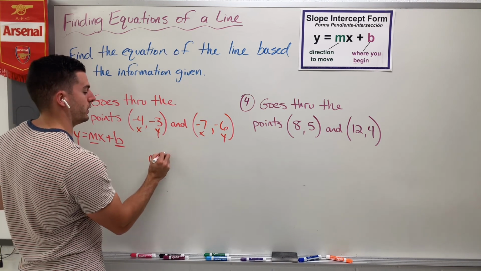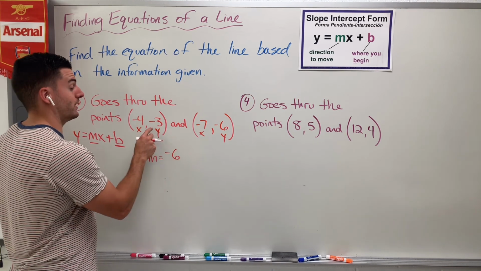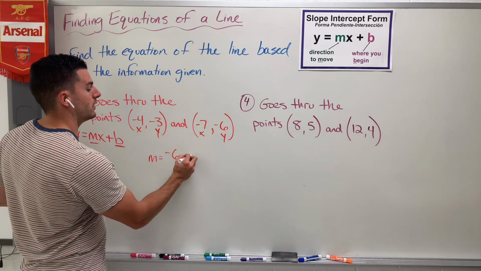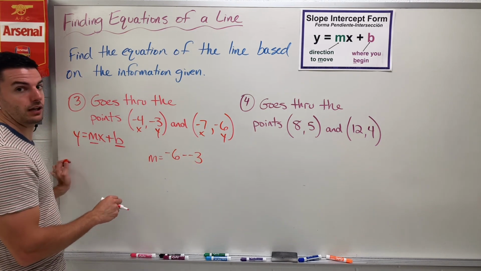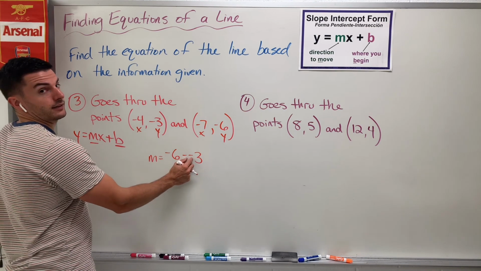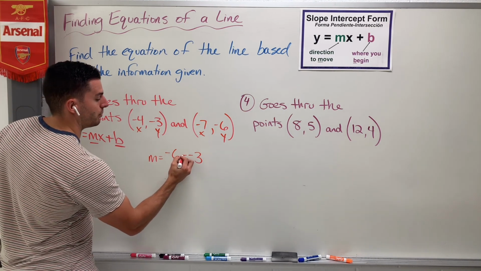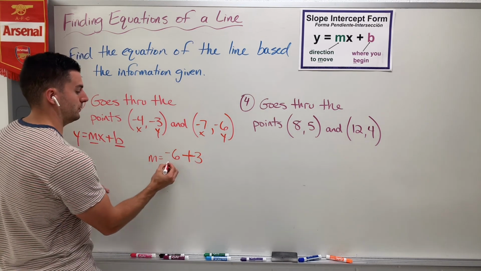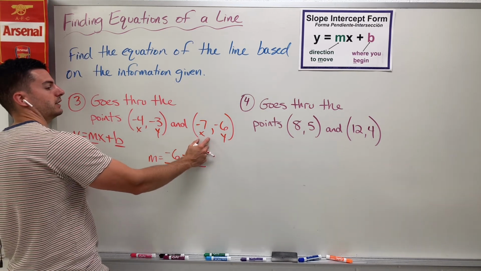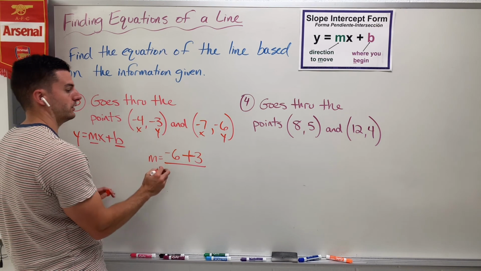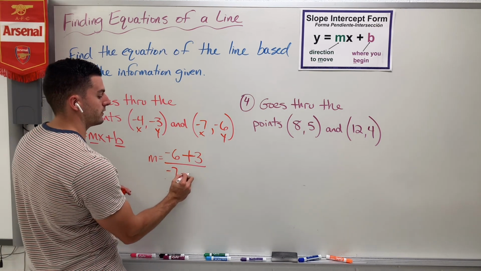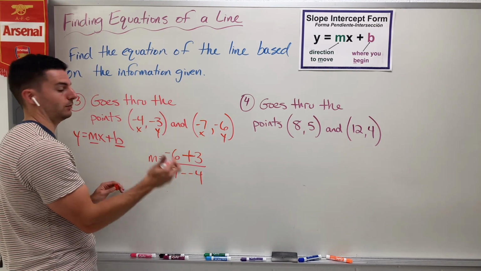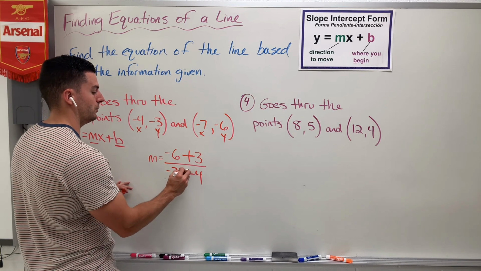Remember that it's always subtracting, but when it's a negative value, it's minus that negative value. And what do I do with a minus negative? Well, I can just change that to a plus, because subtracting a negative is a positive. And then on bottom, second x value minus first x value, so that's negative 7 minus negative 4. Same thing, minus a negative, change it to a plus.